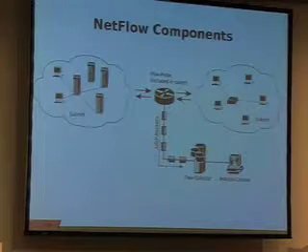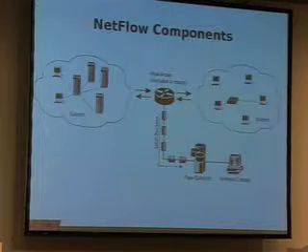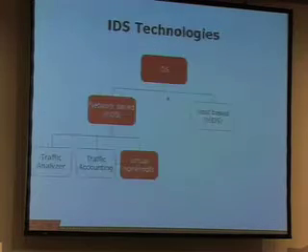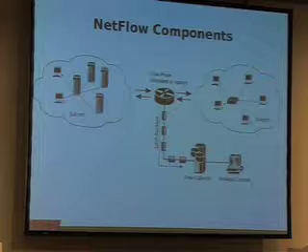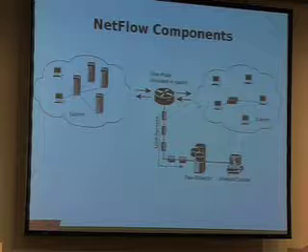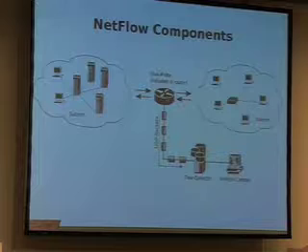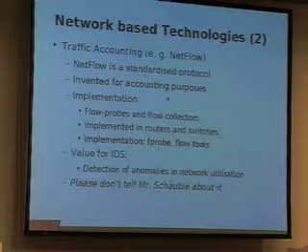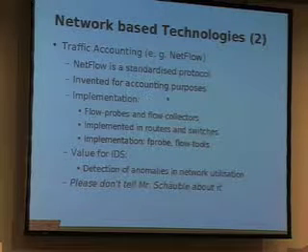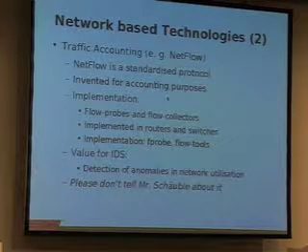This software counts every packet that passes the router, in this example, and exports this information to a so-called flow collector, which is the second part of the implementation. The flow collector receives the packets and stores them in a database or elsewhere for further processing. So the value for IDS is that we can detect anomalies in network utilization.